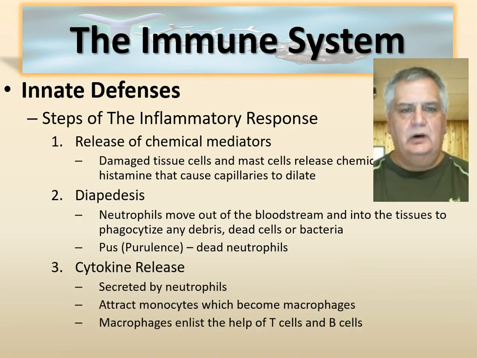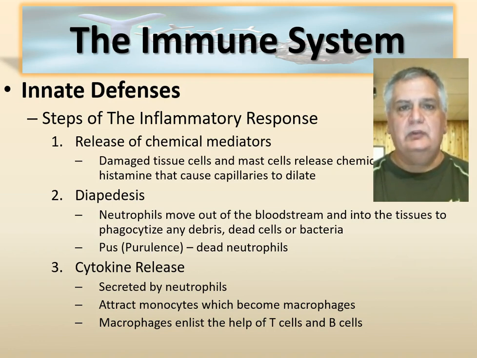The next step of the inflammatory response is the release of cytokines. The neutrophils, as they're dying, begin to release certain chemicals. These chemicals will attract monocytes into the area, kind of a backup system, and these monocytes, when they get into the area, will fuse together to form large phagocytic cells called macrophages.